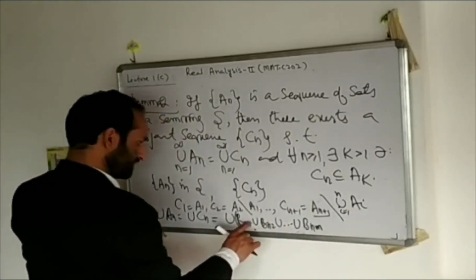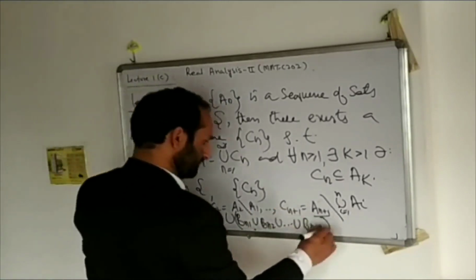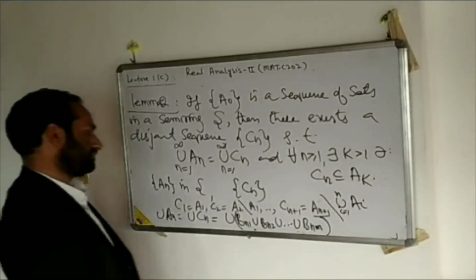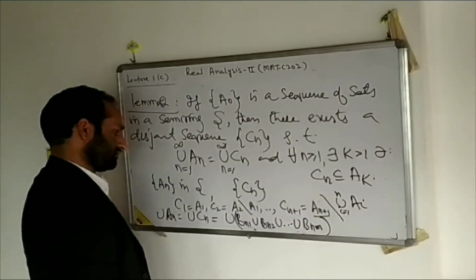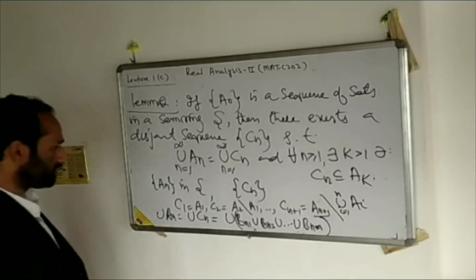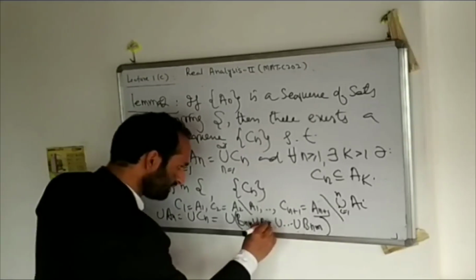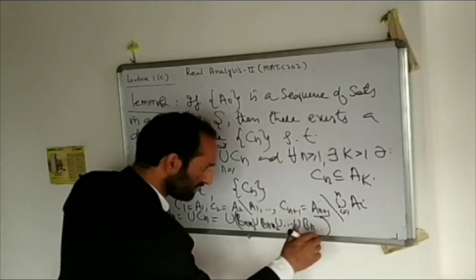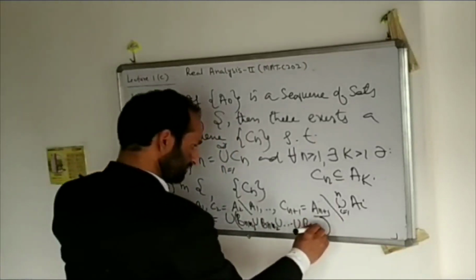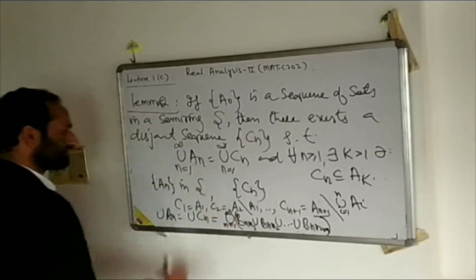So let's write Bn1, Bn2, so on up to Bnm, where n runs from 1 to infinity.